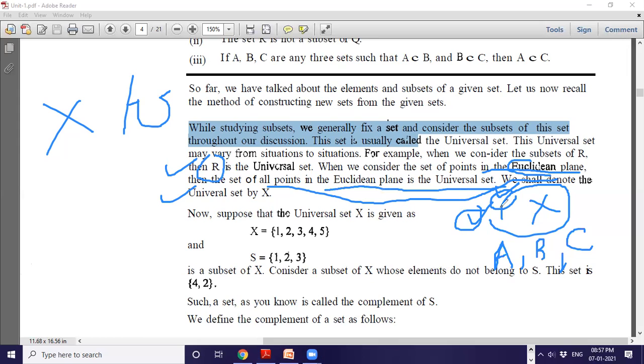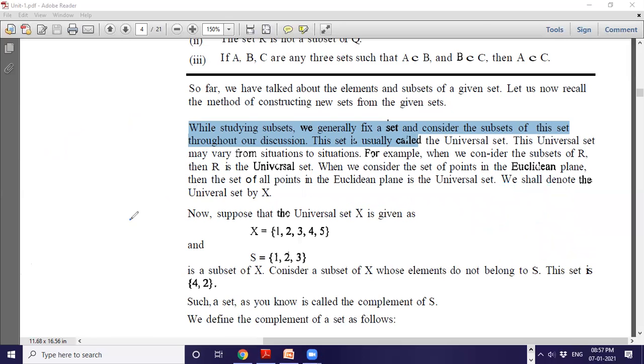So it will vary from examples to examples. It basically depends on your problem which will be your universal set.